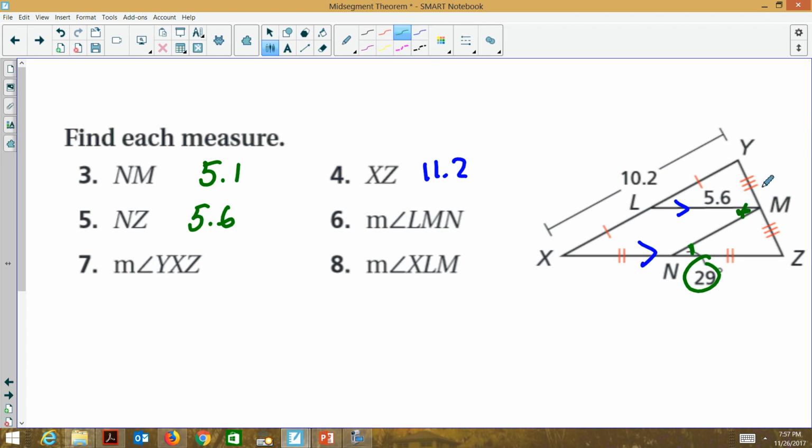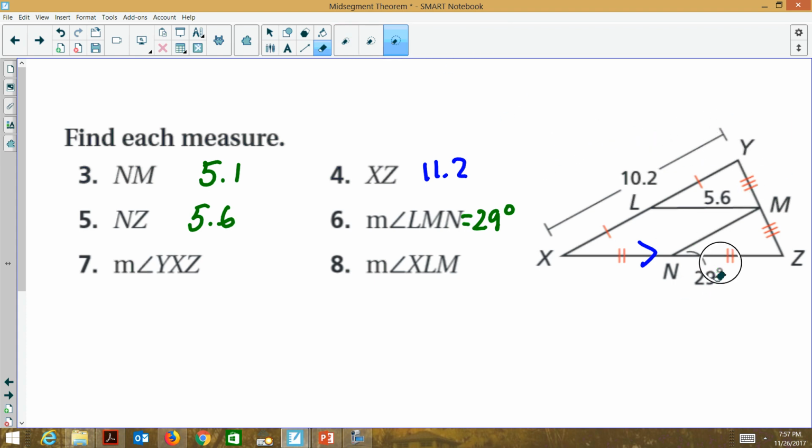And thus, we can conclude that LMN is equal to 29 degrees because of the alternate interior angles theorem. Remember, if two parallel lines are cut by a transversal, then alternate interior angles are congruent.